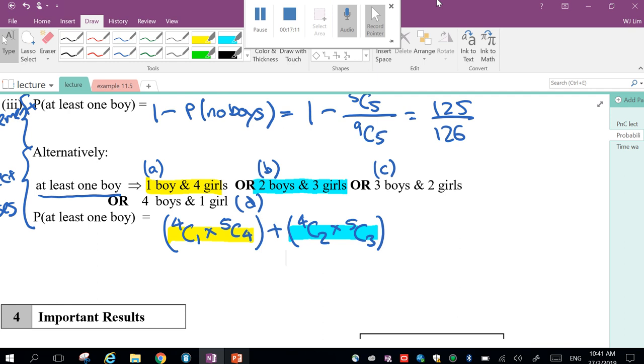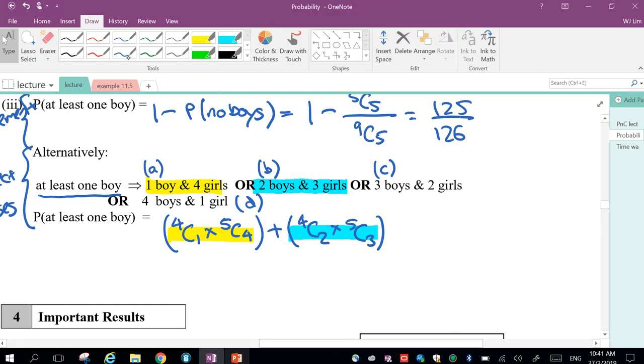Okay, the blue, is it too dark? Can you see or not? Okay, blue. For case C, you want 3 boys, so 4 choose 3 times 5 choose 2. Follow the process. This will be in green.